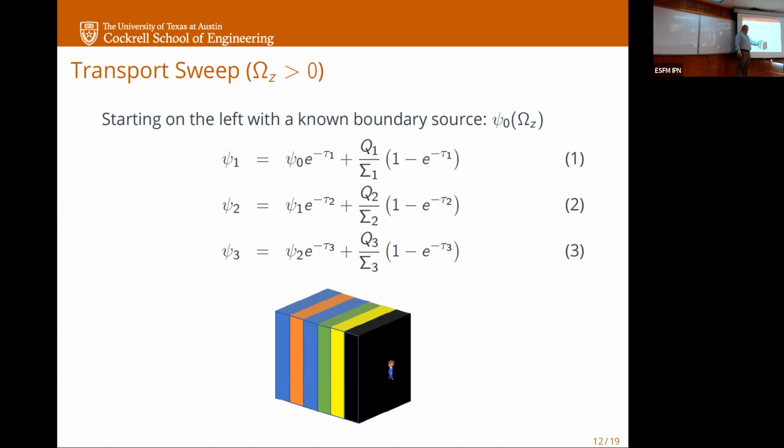And so at location 1, now that's the source for the orange cell, and you can follow the same path. So for each one of these, you have your psi 0, psi 1, psi 2, psi 3, psi 4, psi 5, psi 6. And when you get to psi 6, you know the angular flux that's getting to that person, so you can figure out what their radiation dose is. Each of them is just a series where you're marching through in that direction.